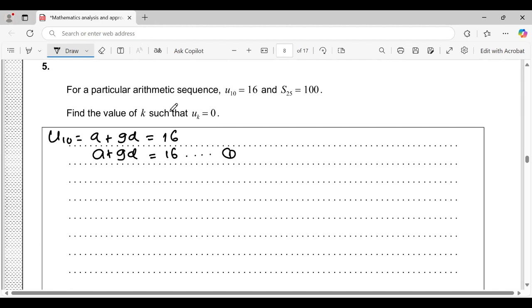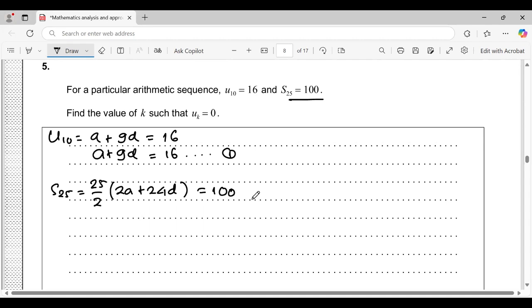And according to this information, S25 equals 100. So the S25 formula becomes 25 over 2 multiply 2a plus 24d, because 25 minus 1 is 24, and this equals 100.